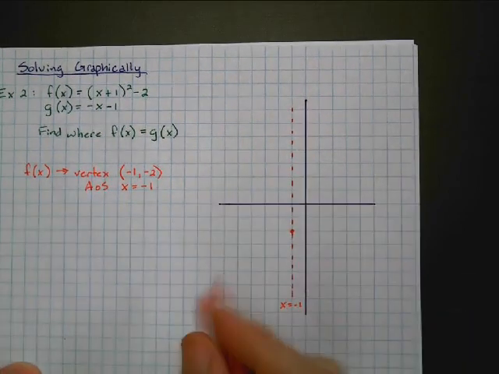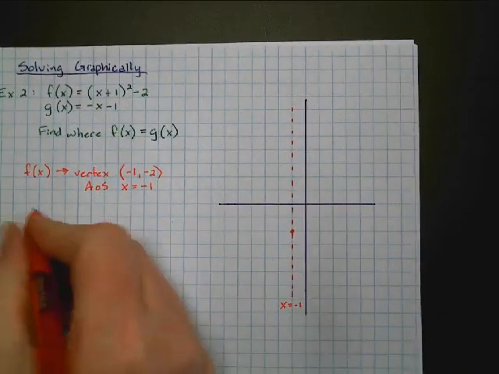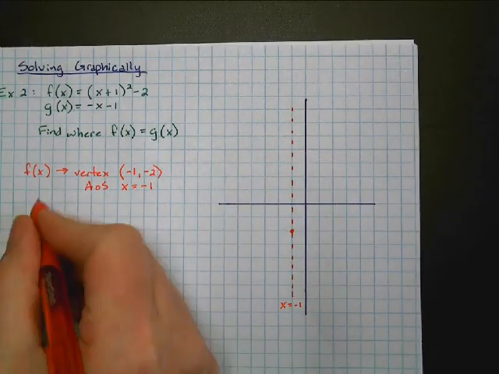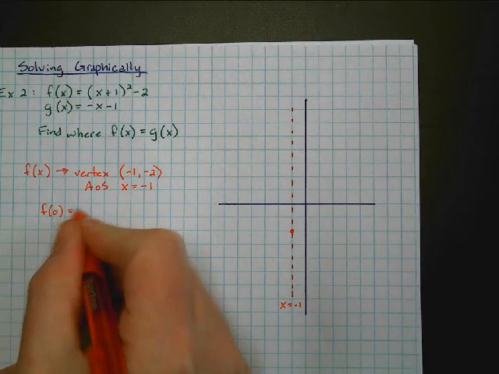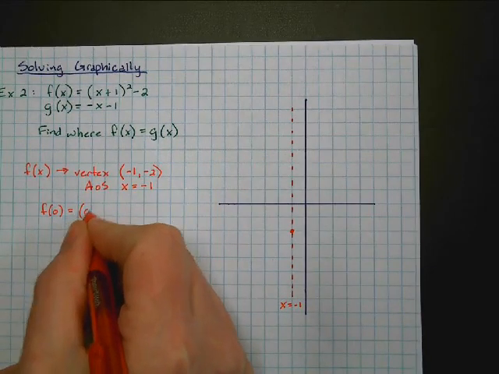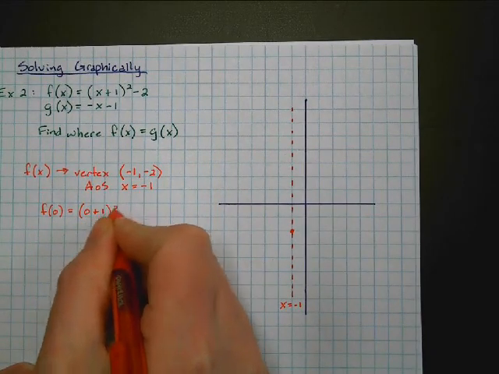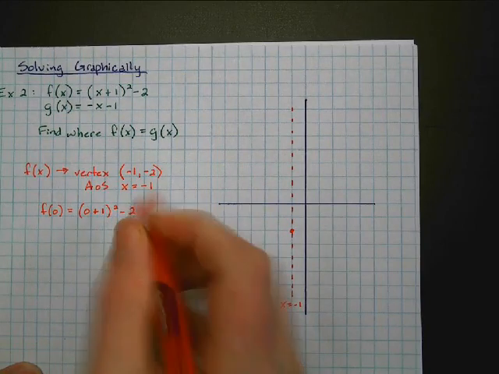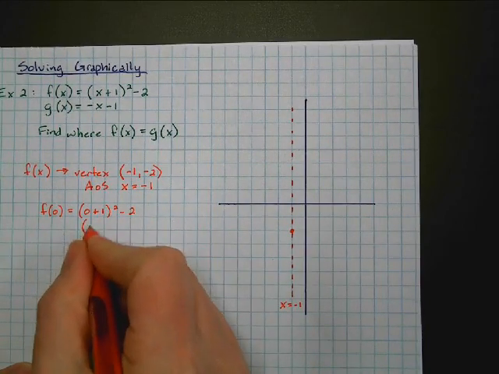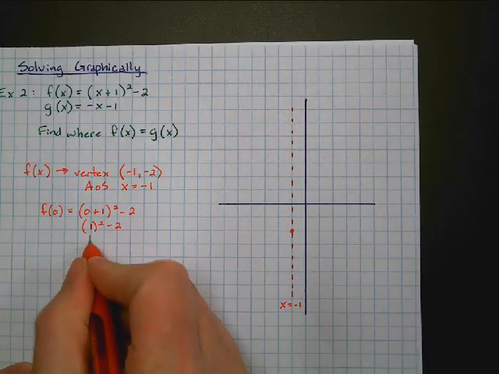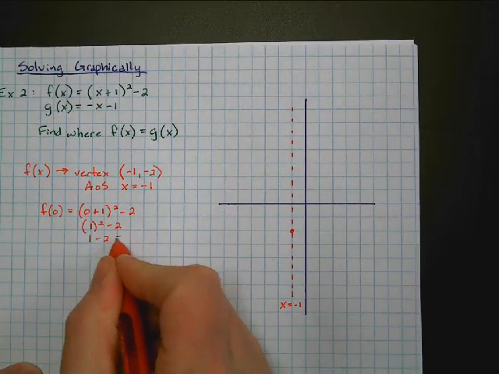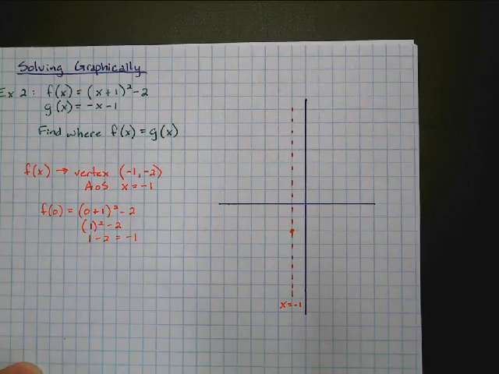So let's plug in 0 for x. I get 0 plus 1 squared minus 2, which is 1 squared minus 2. This is 1 minus 2, which is negative 1.